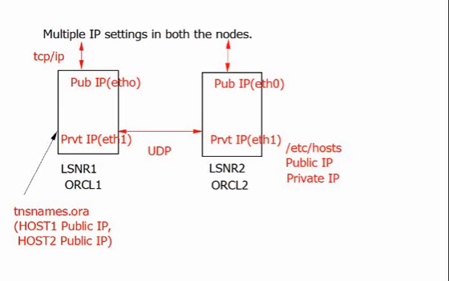Now, in RAC we basically talk about two things. One is called load balancing. In RAC we talk about two terms: load balancing and failover, right? Now, assume that my node 1 is going to be down. Now I need to fail over. The problem with the setup that we have right now in front of us is that we are relying upon the TCP/IP protocol to connect the client to the node.